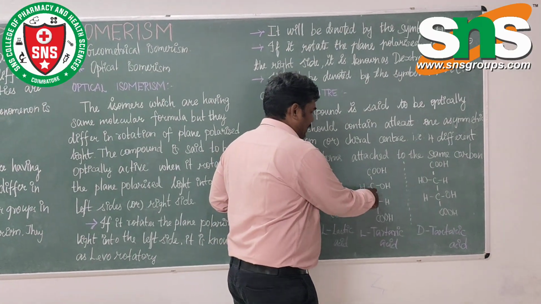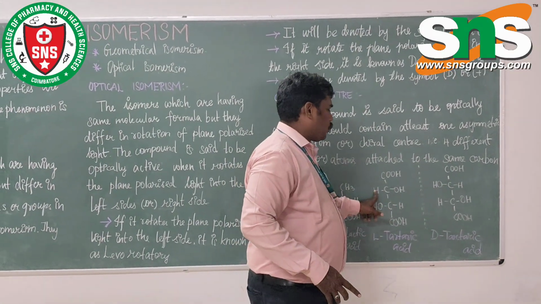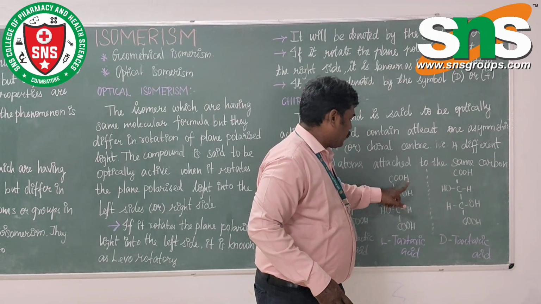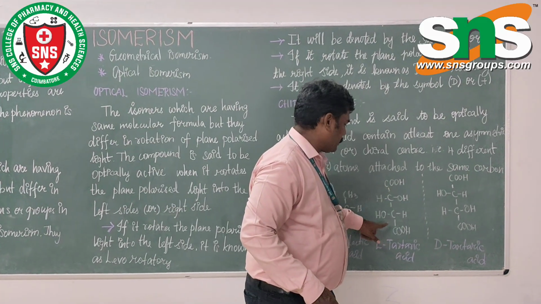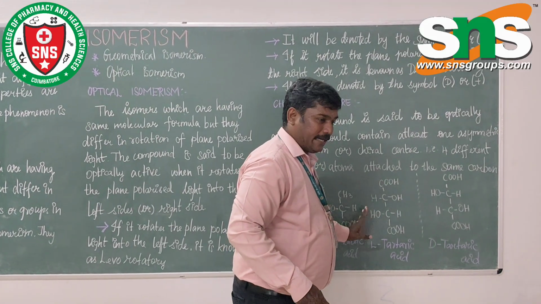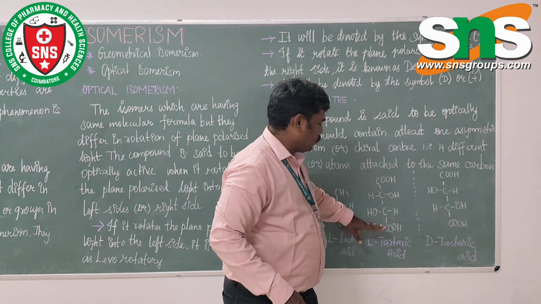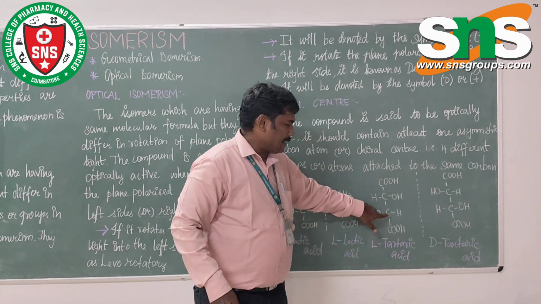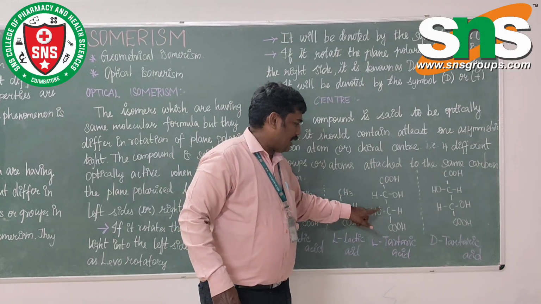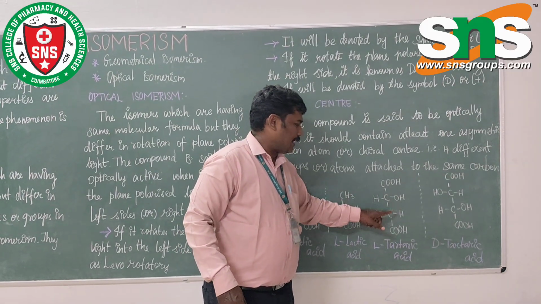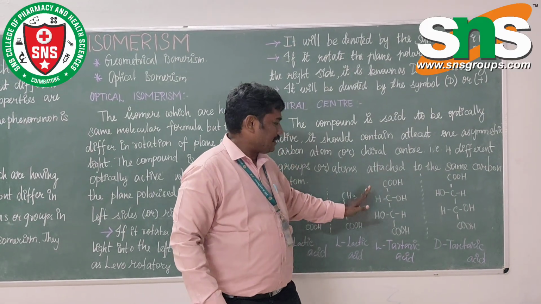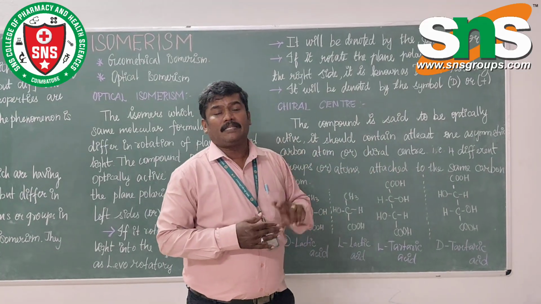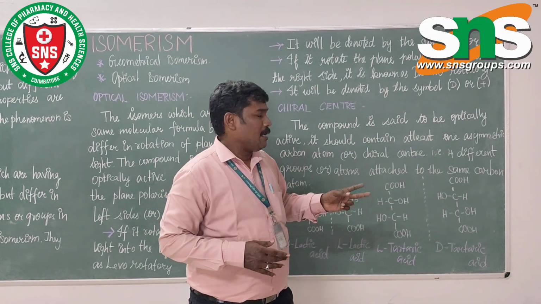Here a hydrogen, a carboxylic acid group and a hydroxyl group are present. Similarly, the remaining CHOH and COOH groups are attached. When you take the other carbon atom, it also has four different groups or atoms attached. Hence this compound contains two asymmetric carbon atoms.